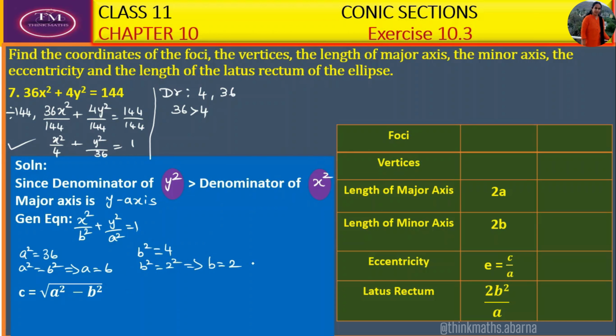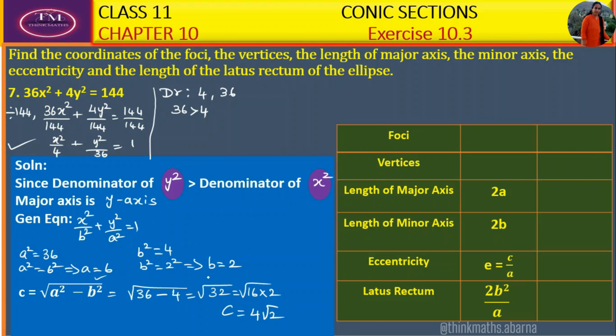So we got a and b. Now we have to get c. c is square root of a square, which is 36, minus b square, which is 4. So 36 minus 4 is 32. How can you write this? You can write 32 as 16 into 2. 16 is a perfect square of 4. So it is 4 root 2. So this is the value of c.